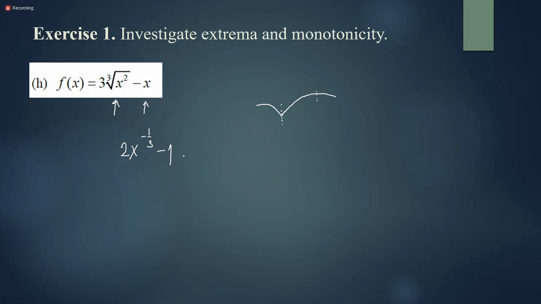So the situation was that we had to find the common denominator, which is cube root of x, because x to the power minus 1/3 means divide by cube root of x. So 2 divided by cube root of x as the first term, minus, and to put 1 on the same denominator, we have to write cube root of x, which meant that the derivative is not defined if x is 0.